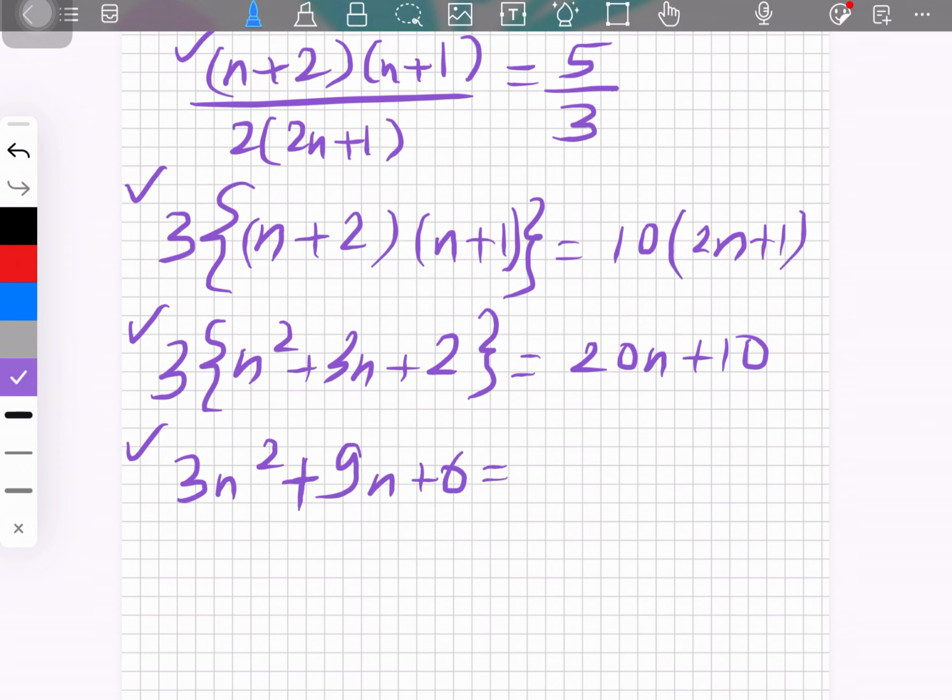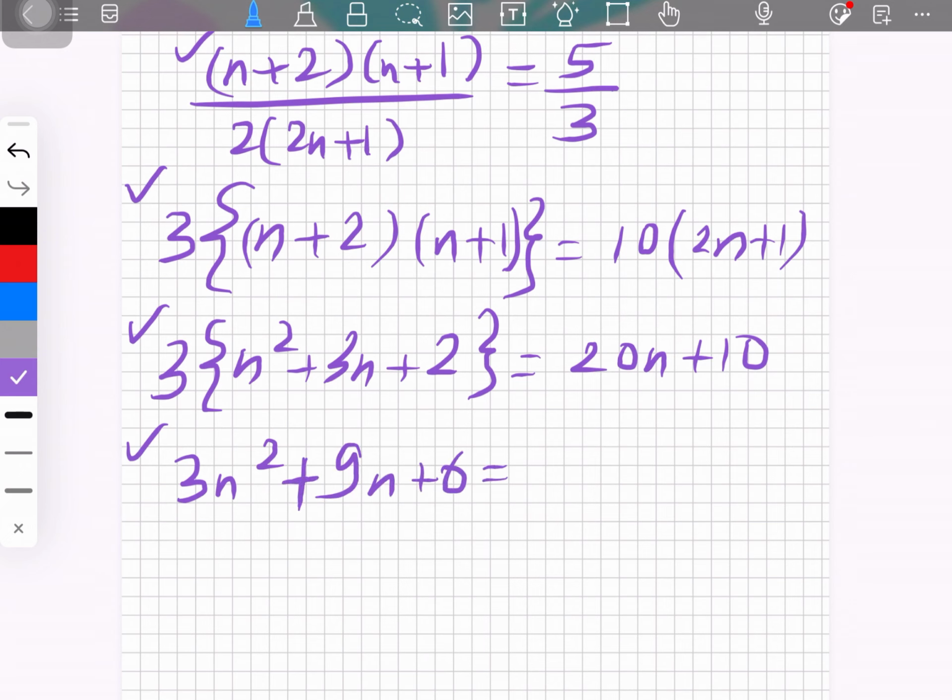Let's try to solve this as fast as we can. So 3n squared, let's bring this item to the left hand side. That way we get 3n squared minus 11n minus 4 is equal to 0. Now let's do middle term splitting. Since there is a minus sign over here, we are going to use minus sign here as well. So 3 times 4 is 12, and 12 minus 1 is 11. Or you can factorize it the way you know.